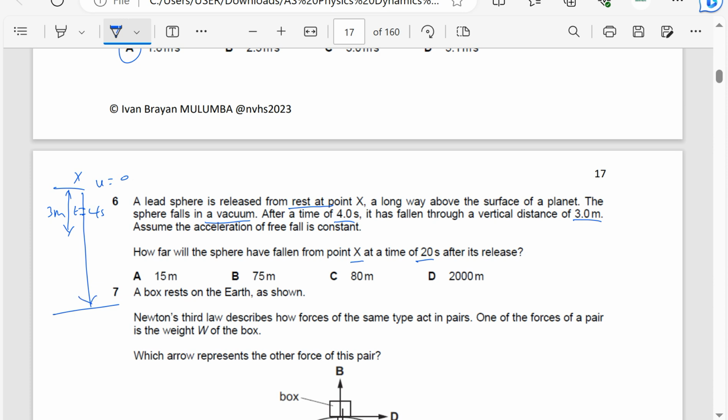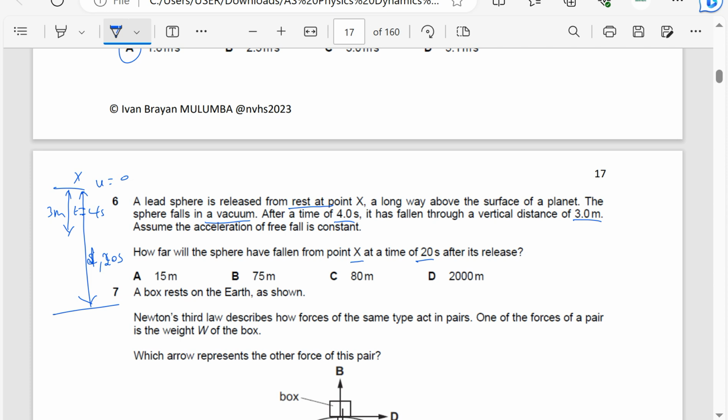Of course, at 20 seconds we expect this distance to be bigger. So let's call this distance D, and the time is 20 seconds. I'm simply going to consider equations of motion since the acceleration is uniform.